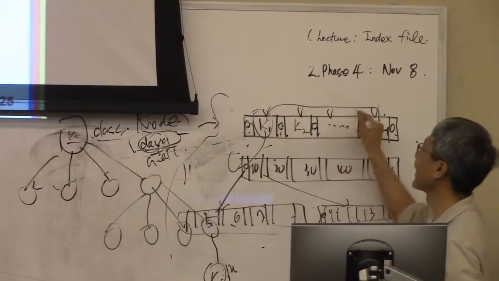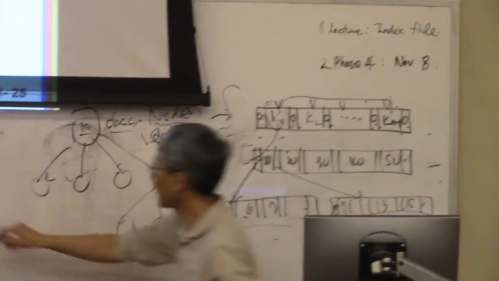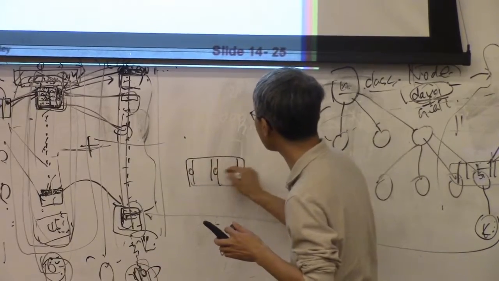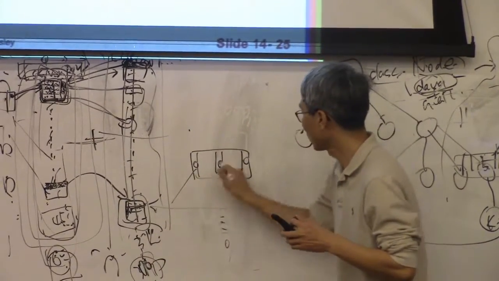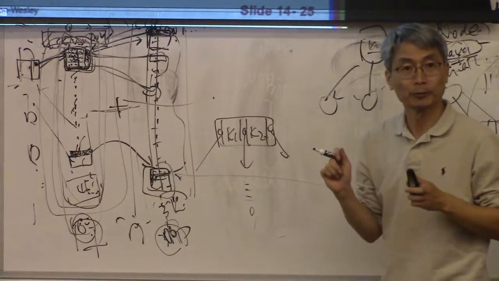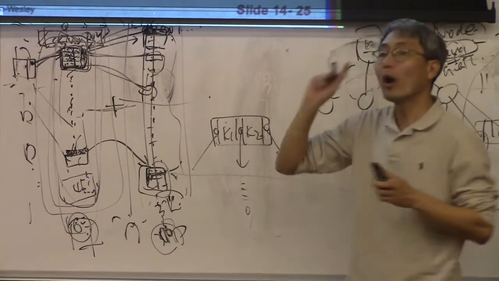Why? It's minus one. So think about this. How many children? 3 children. And how many index key items? 2. Okay.